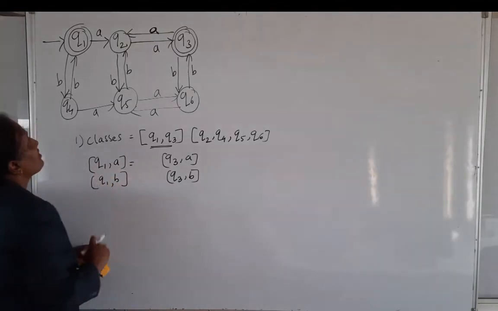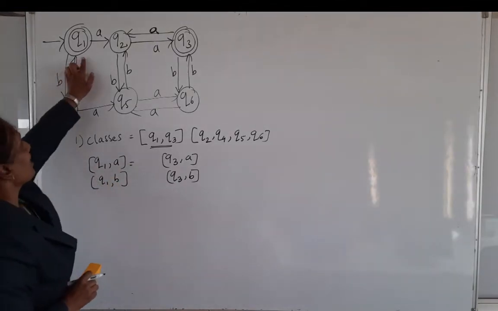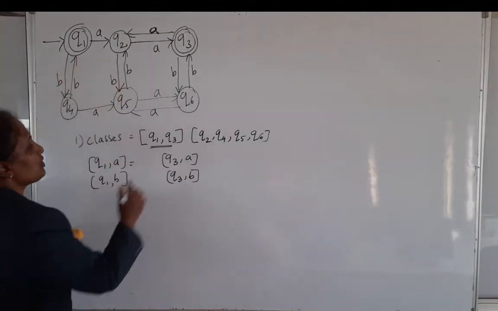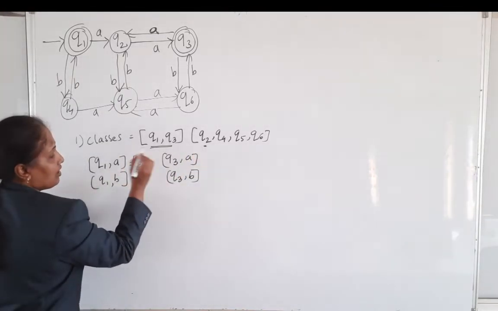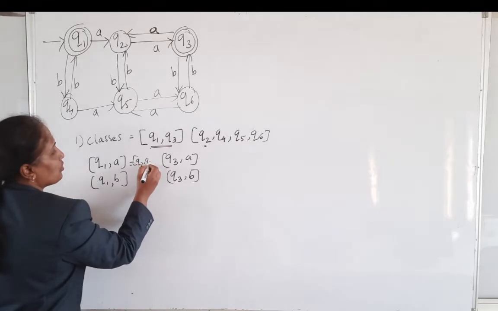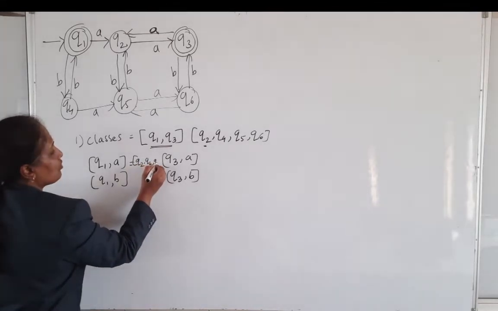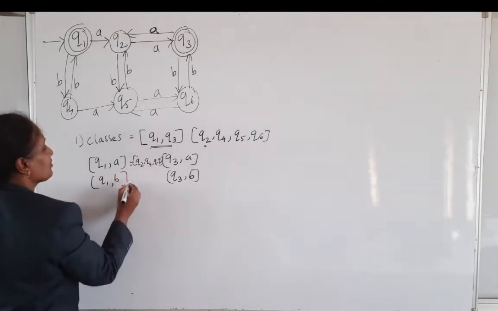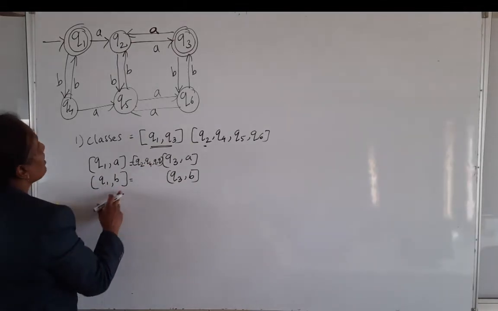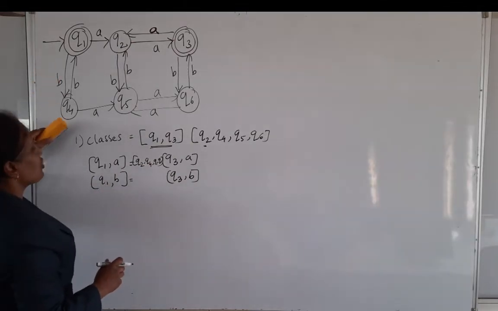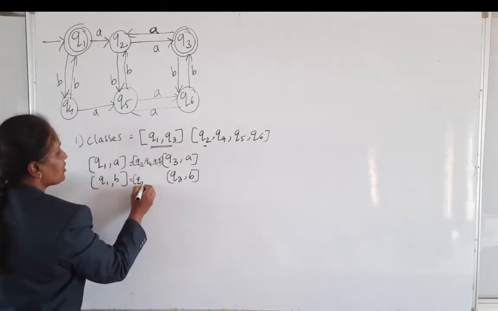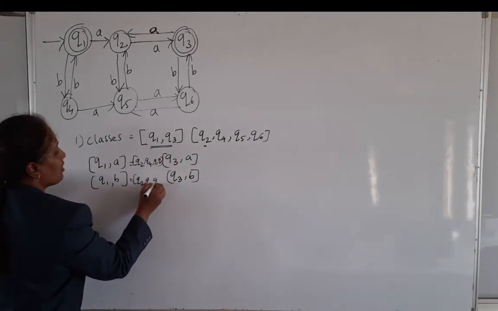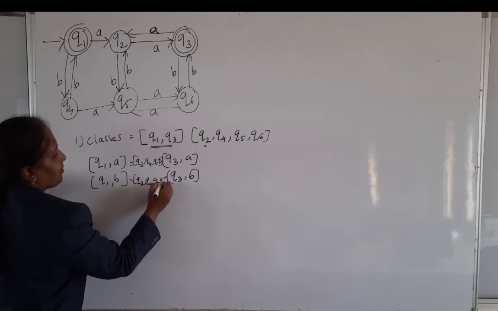So Q1 of A, check in the diagram where I reach Q2, where Q2 is a member of this class. So I'll write the whole class members: Q2, Q4, Q5 and Q6. Next Q1 of B, where I reach Q4, where Q4 is a member of the same class, that is Q2, Q4, Q5 and Q6.